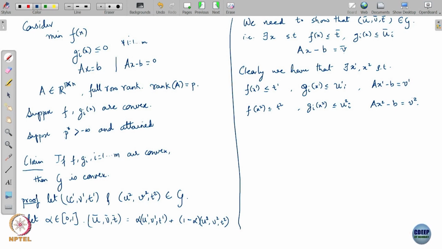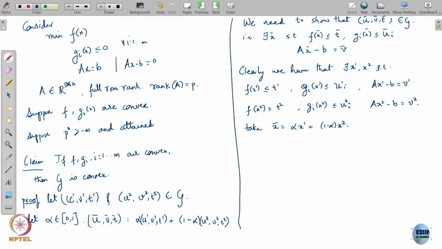So, I need to show that there exists an x bar such that all this holds. So, I will take x bar as alpha x1 plus (1 minus alpha) x2.